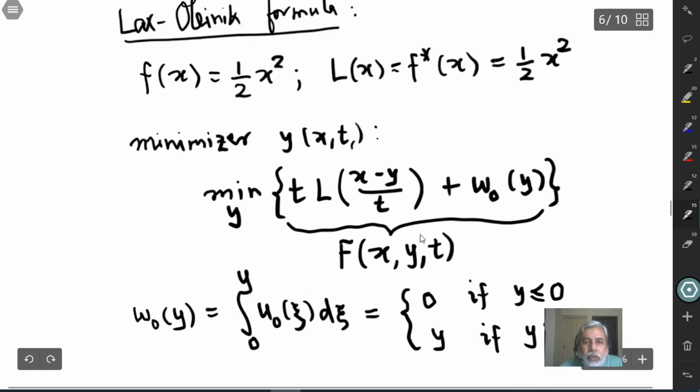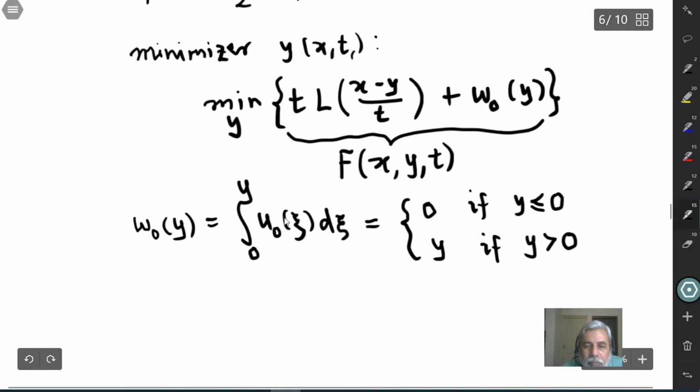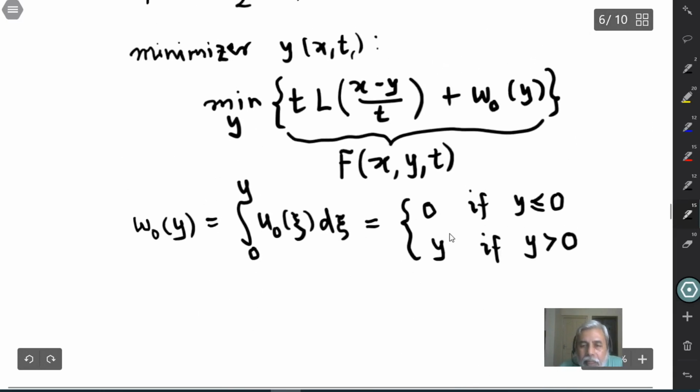Because u0 is 0 for x less than 0 and 1 for x positive. So it is a very simple integral, but this w0 y is not differentiable at y equal to 0, but that will not create any problem in finding the minimizer.